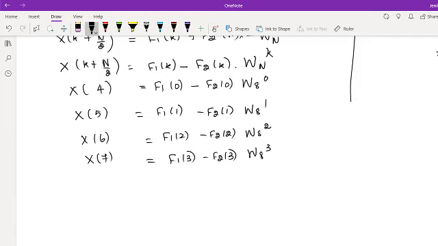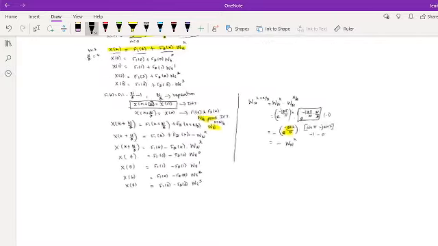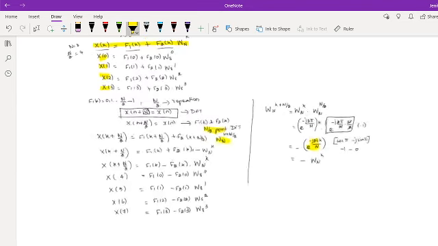So we have got all the 8 points from two 4 points. f1 of k and f2 of k are two 4 point DFTs. From the 4 points, we got the 8 values, x of 0, x of 1, x of 2, x of 3, x of 4, x of 5, x of 6 and x of 7.